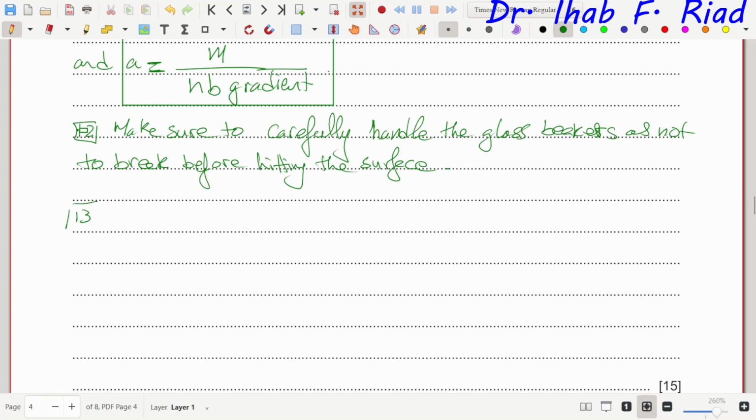Maybe one more thing. It will always be difficult to measure exactly the time for the beaker to take before hitting the surface.